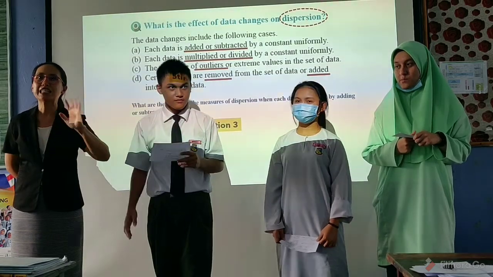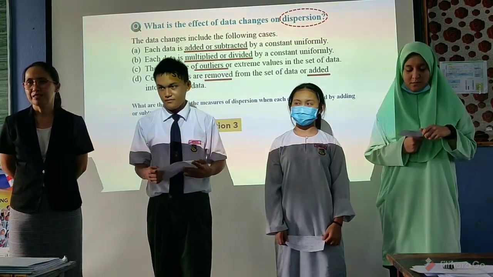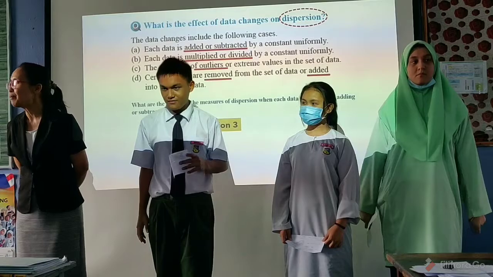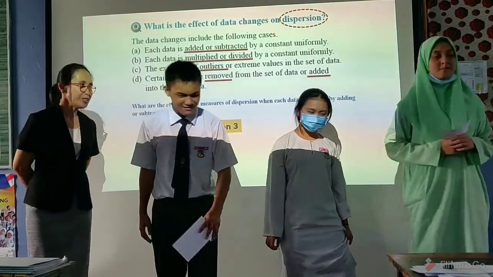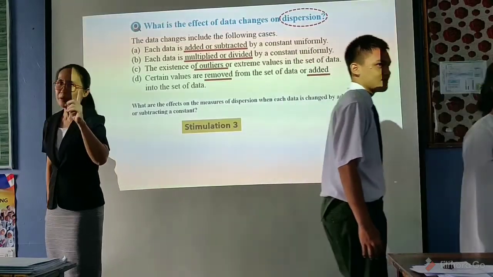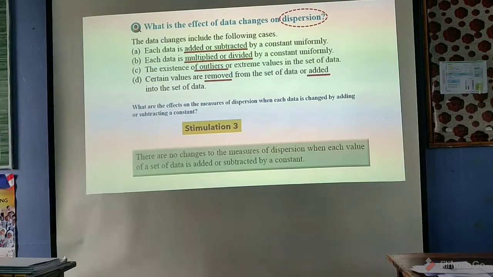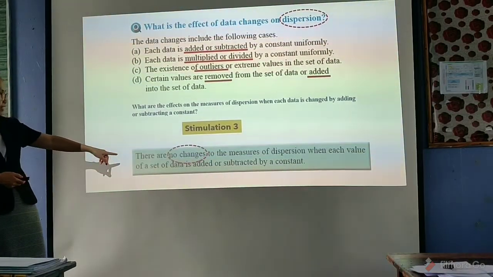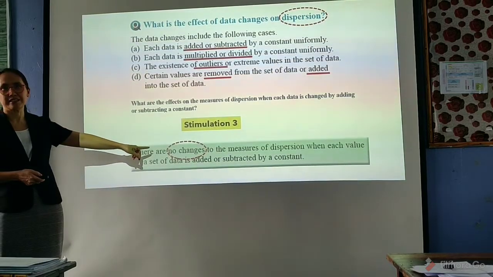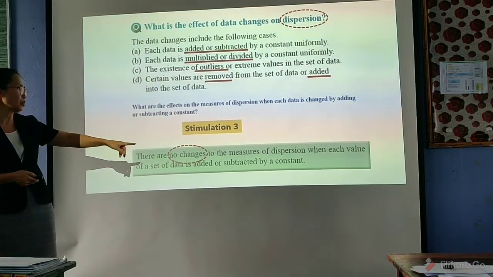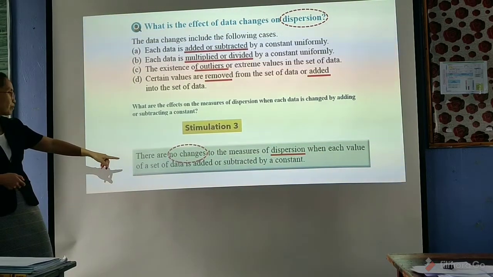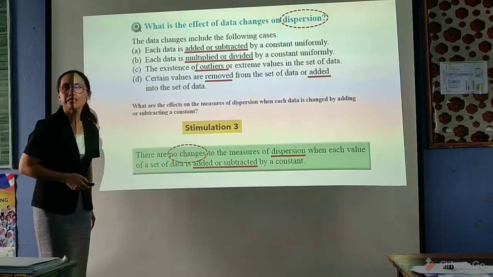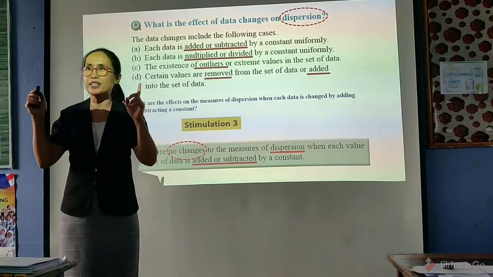It does not change. Everybody got the same? Okay, very good. Thank you. So this is our conclusion: no changes to the measures of dispersion when each value of a set of data is added or subtracted.